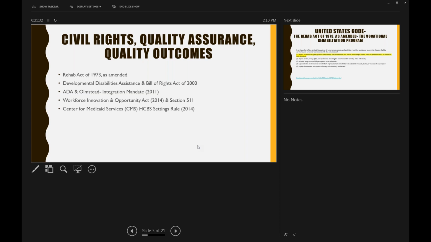The Developmental Disabilities Assistance and Bill of Rights Act of 2000 addresses informed choice. The ADA and Olmstead, the integration mandate from 2011, the Workforce Innovation and Opportunity Act, and the Centers for Medicare and Medicaid Services Home and Community-Based Settings Rule. All these specifically refer to informed choice, which I'm going to go into just a little bit as we go forward.